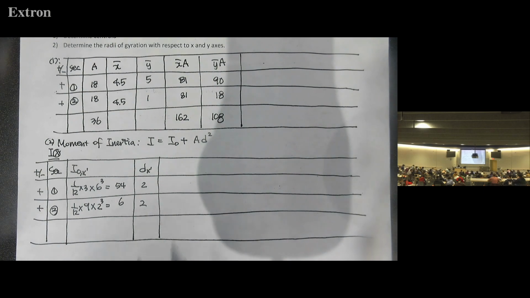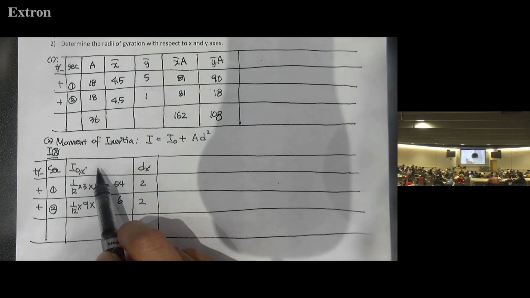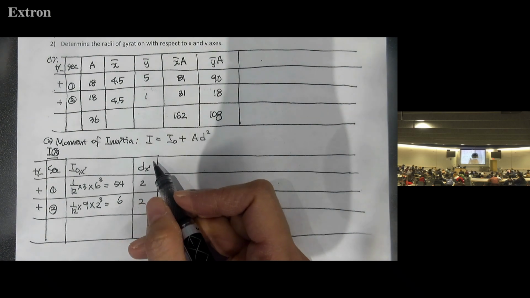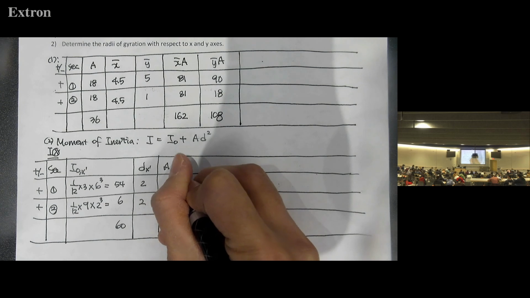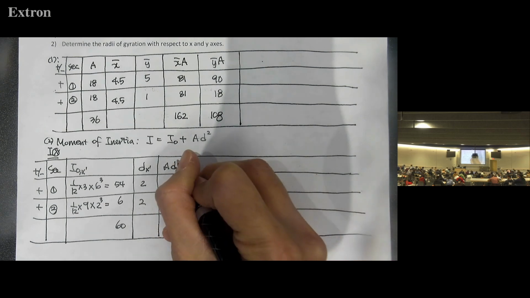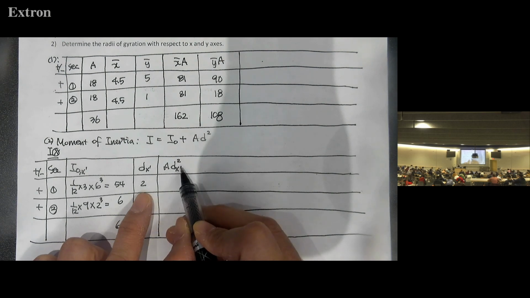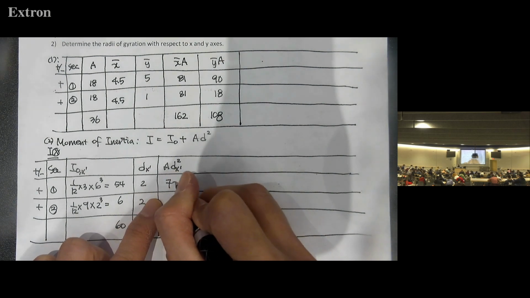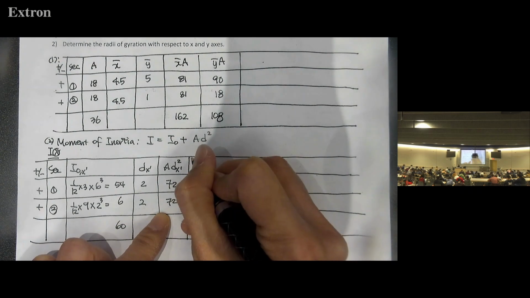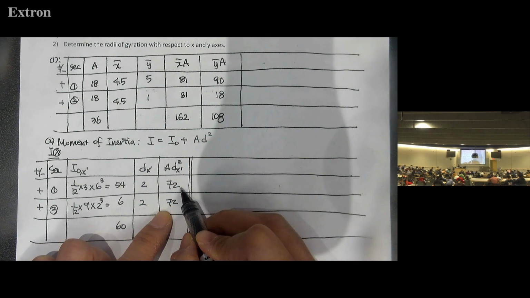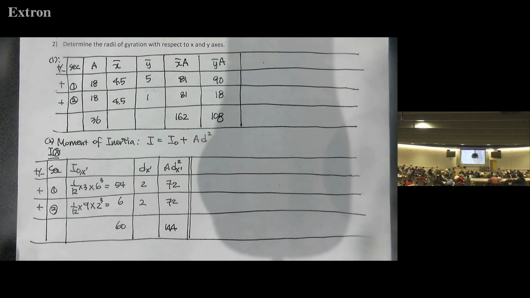Right. So then the equation is here. We can add these two up. So we said this is 60, and then what about A times dx prime squared? 18 times 2 squared, so that is 72. Same thing, 72. And when we sum this up, 144.